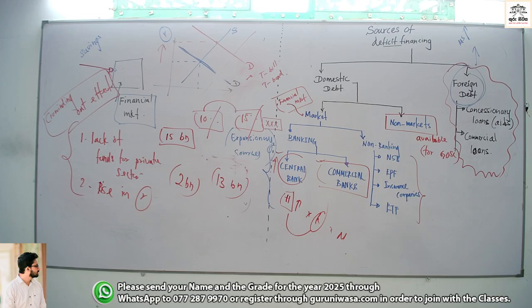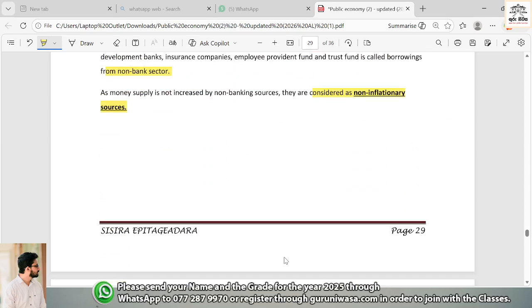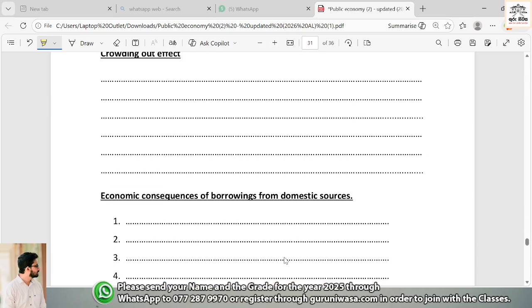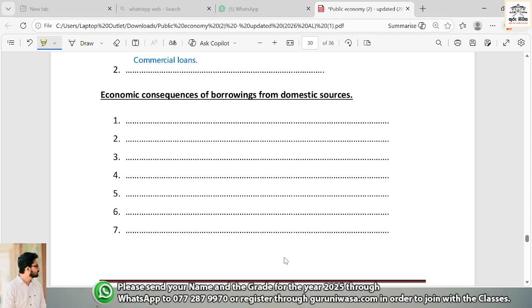Then what is next? The next one is the economic consequences of borrowings from domestic sources.